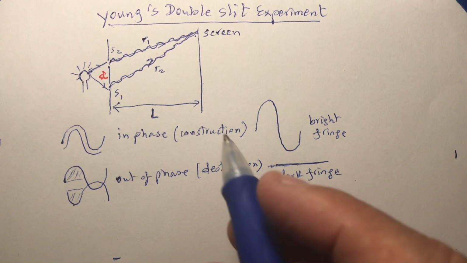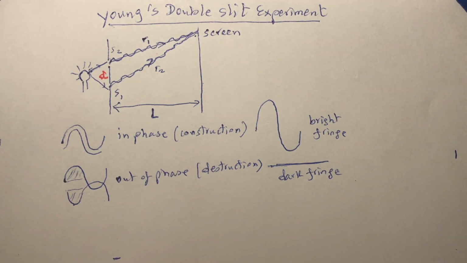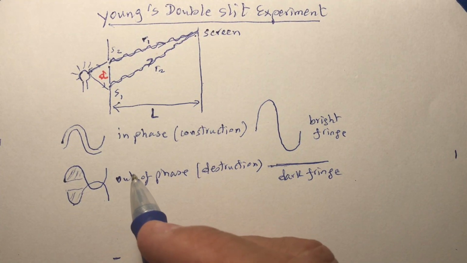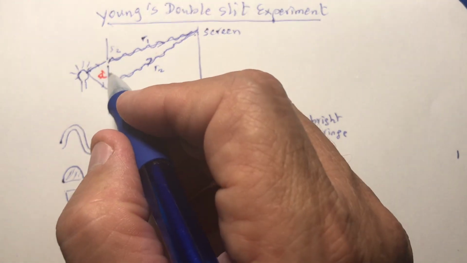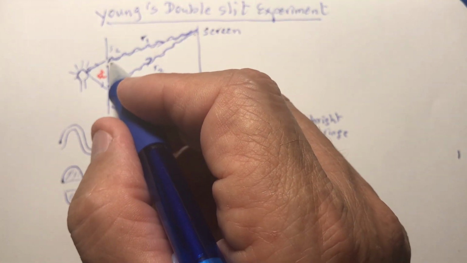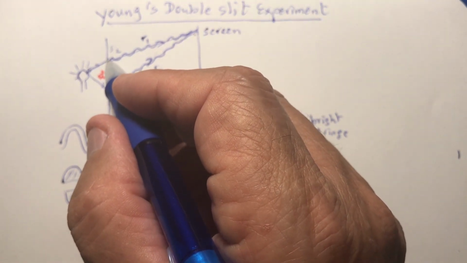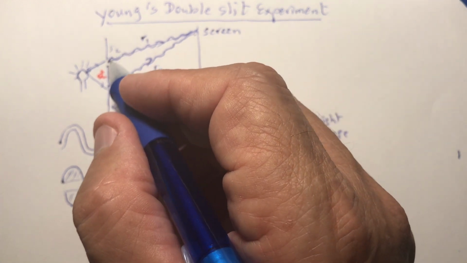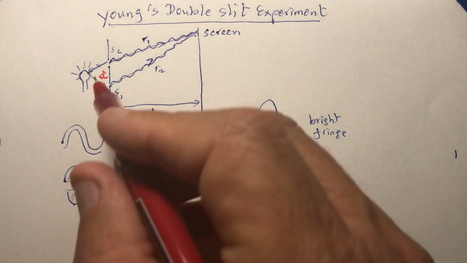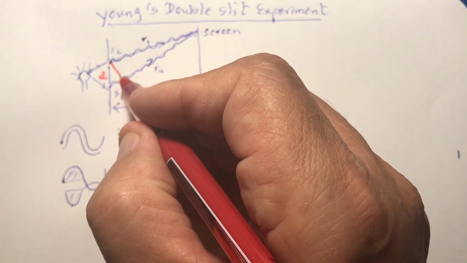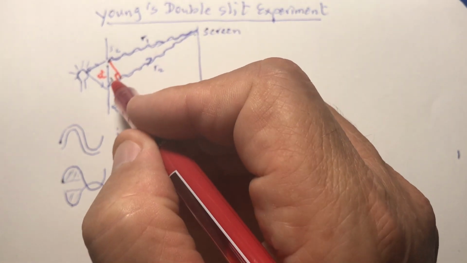Now, when they meet here, we can take some line here from slit S2. We use a different color, and we go like that, perpendicular.